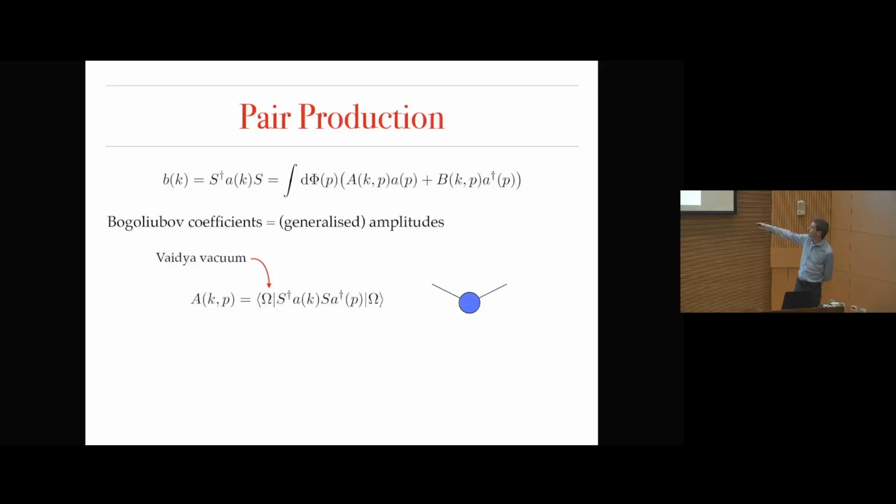So this thing will create a particle. I shove in this expression, and I can get the A there, which will give me something non-zero. In the contraction, the B drops out because the A dagger will kill the omega on the other side. So this Bogoliubov coefficient is an in amplitude. You create something, you go to the future, you annihilate something, you come back to the past. It's an in-in sort of amplitude.